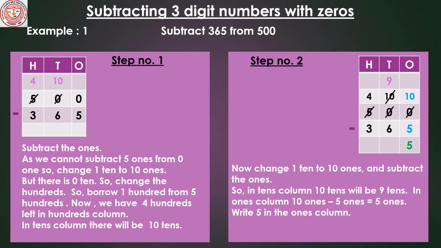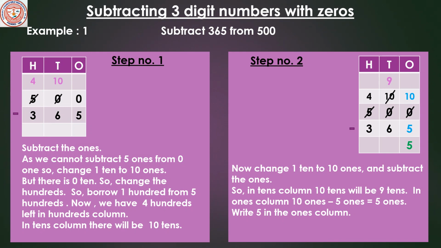So, now we have to follow the steps. I hope you have remembered the steps. Step number 1. In this problem, we can see in the ones column there are 0 ones and 5 ones.